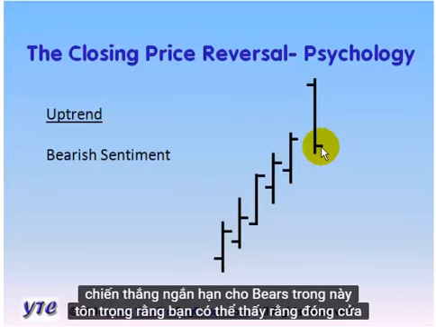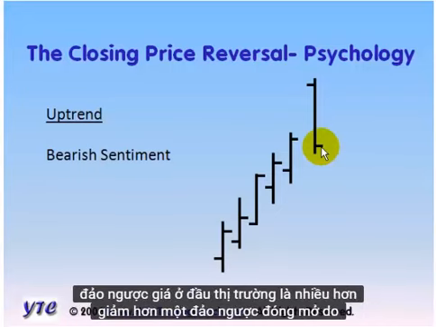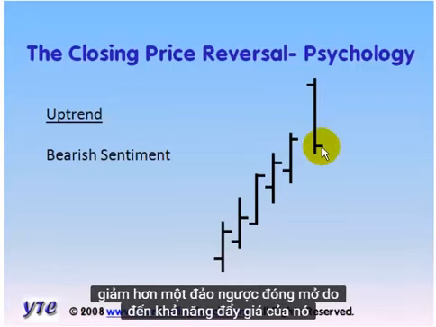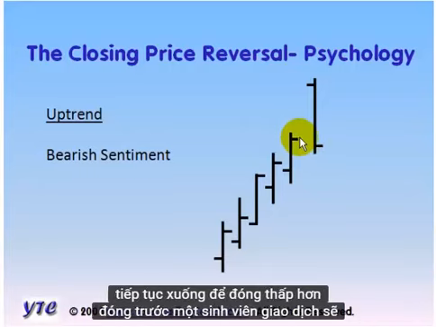In this respect, you can see that a closing price reversal at a market top is more bearish than an open close reversal due to its ability to push price even further down to close lower than the previous close.